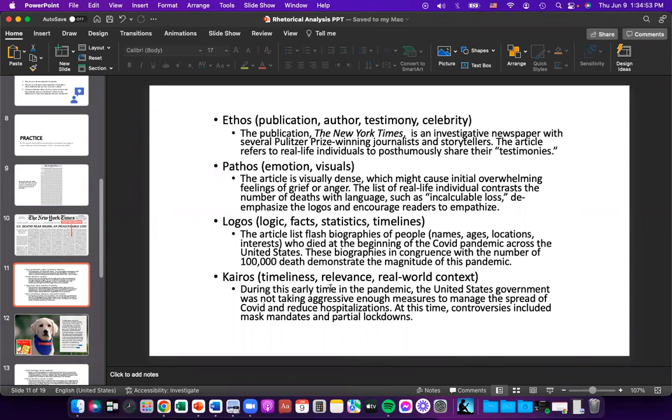These are notes that I made. So ethos, the New York Times, it's an investigative newspaper. It has several Pulitzer Prize winning journalists and storytellers. Now, here's the thing. I have put this on here, and I would like to say here, awards and accolades do not necessarily mean anything as far as credibility goes.